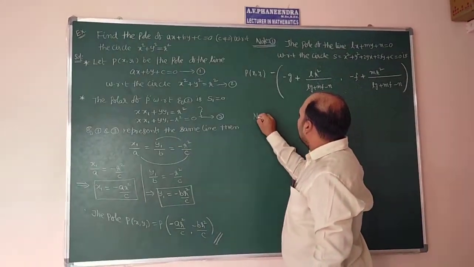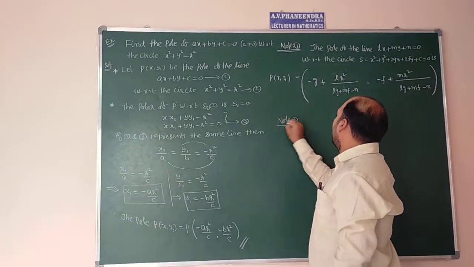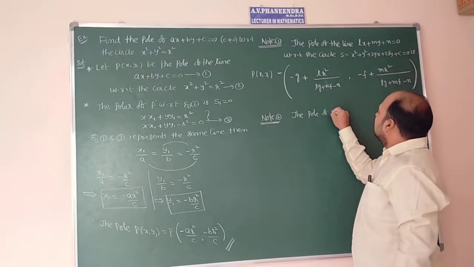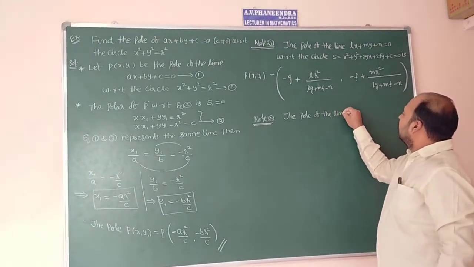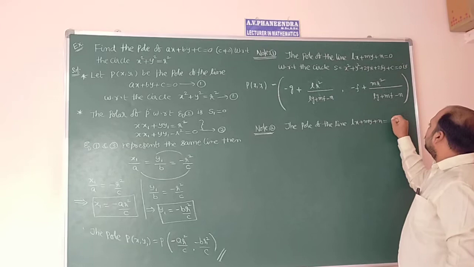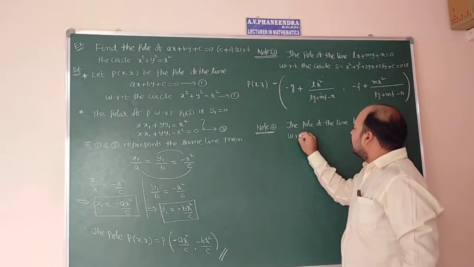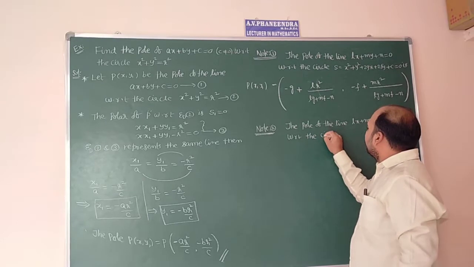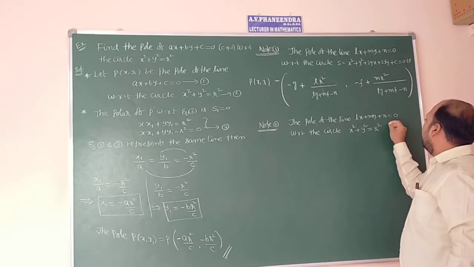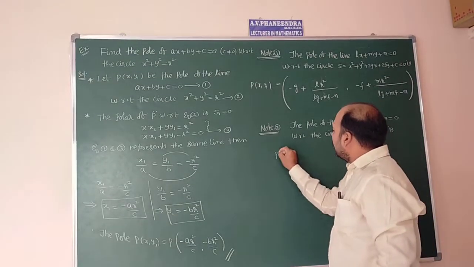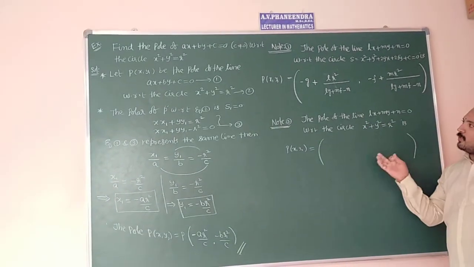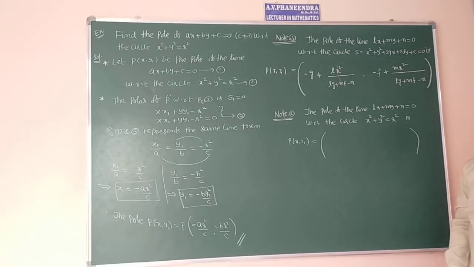Suppose it is the small circle and the same line, note 2: the pole of the line lx plus my plus n is equal to 0 with respect to the circle x square plus y square is equal to r square is P of x1 comma y1 is equal to, observe what the formula becomes from this to this, we are going to get now.